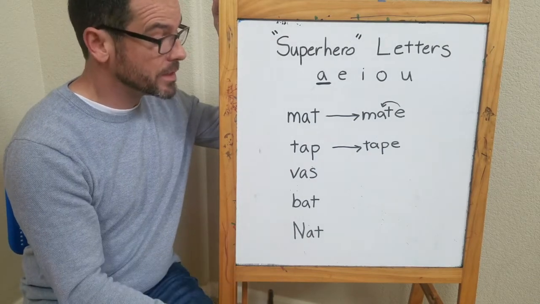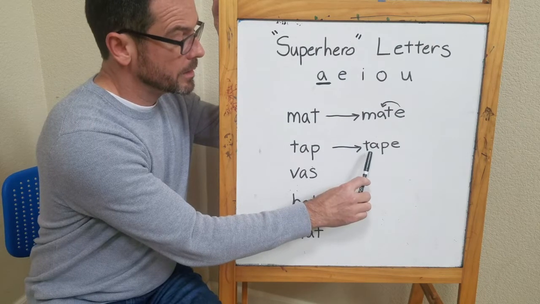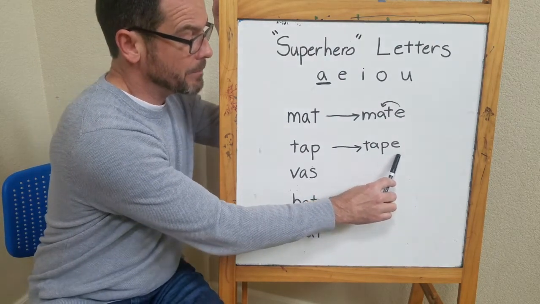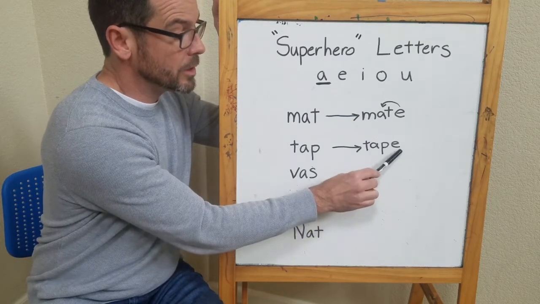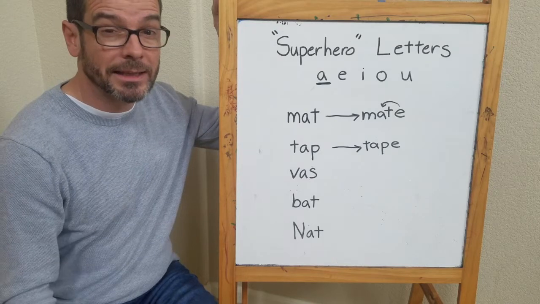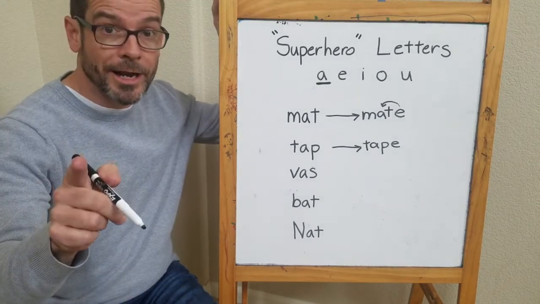Let's sound it out this time, but this time with the A sound. T, A, p, tape. Now you notice we don't say that bossy E sound at the end because it is a silent letter. That's how that works. Let's try the next one, okay?